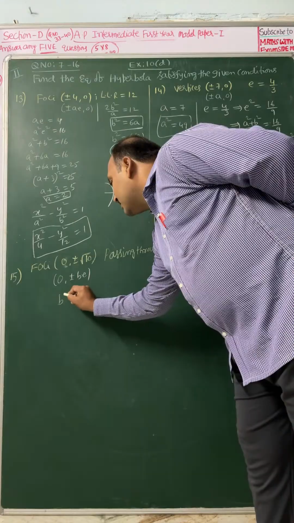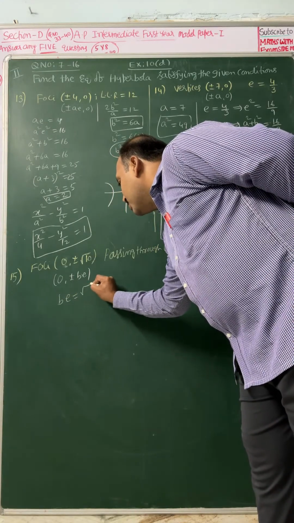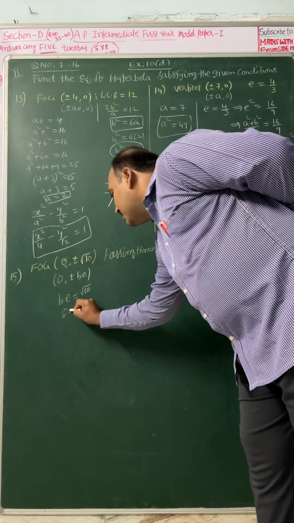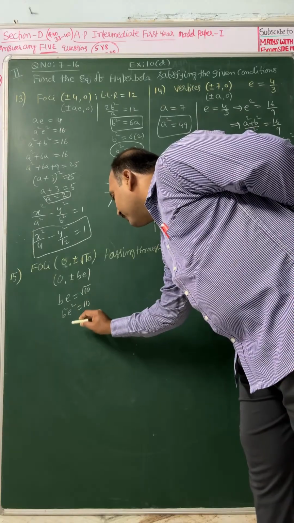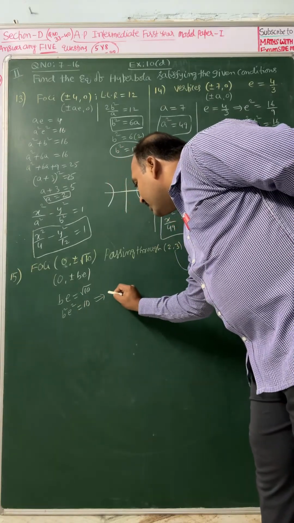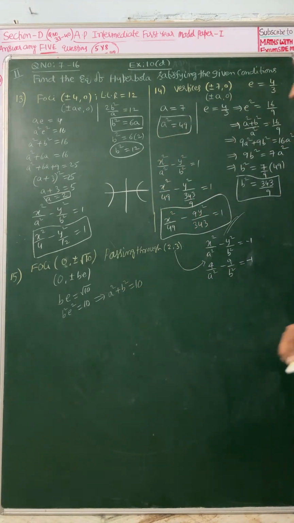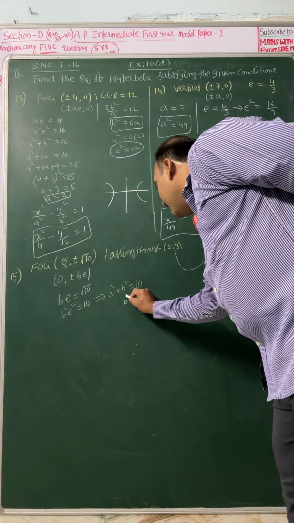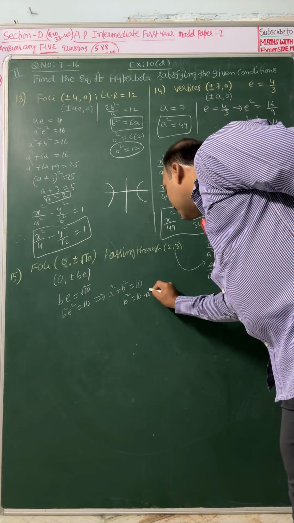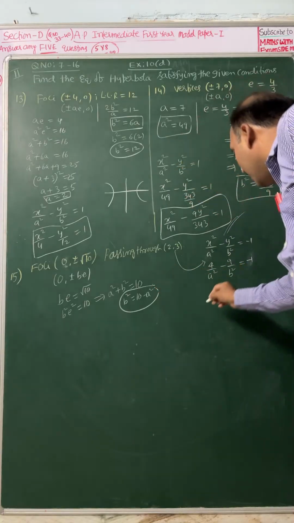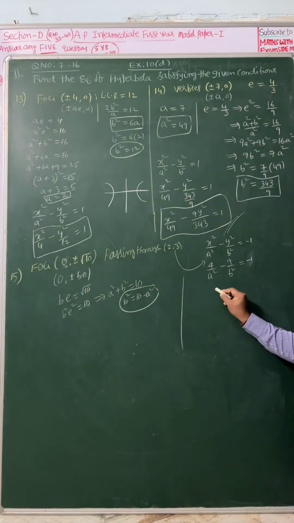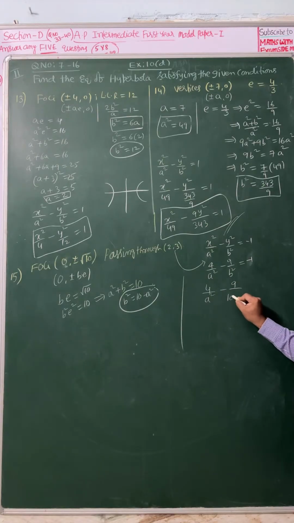So ±be is equal to √10, b²e² equals 10. That implies b²e², meaning a² + b², is equal to 10. So in place of b², 10 − a², replace here and simplify: 4/a² − 9/(10 − a²) = −1.